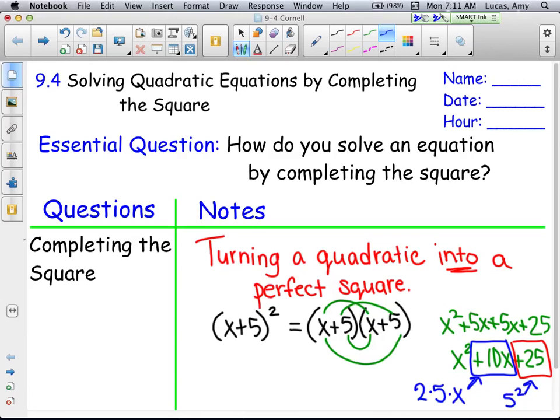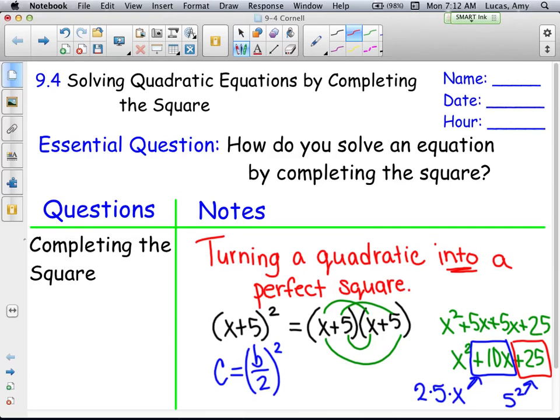So if we're trying to figure out the value that would complete the square, the relationship we're going to use is that c equals b divided by 2, squared.